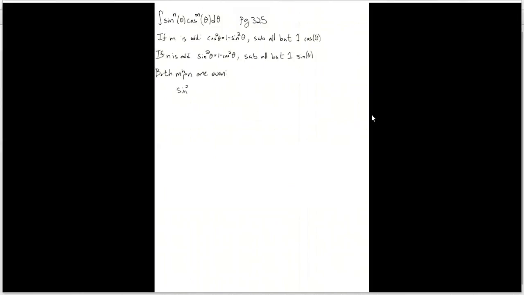So sine squared theta is equal to 1/2 times 1 minus cosine of 2 theta.